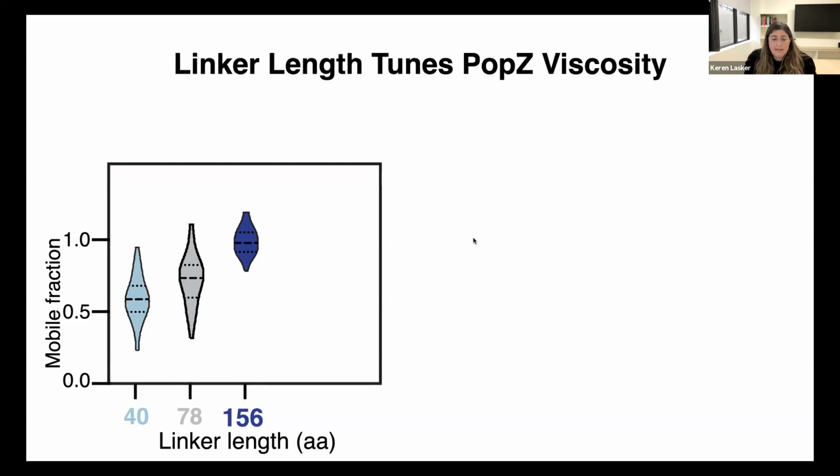And what's shown here is the fraction of recovery of the bleached spot after 60 seconds. In gray is the wild type POP-Z that shows a recovery of about 70%. But when we double the linker, the recovery is complete, suggesting a very liquid material. And when we halved the linker, the recovery reduced.